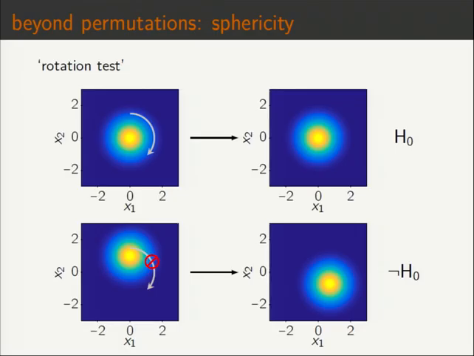If the distribution is spherical but around a non-zero mean value, you apply the rotation, you get a different joint distribution. So in this case, not exchangeability, but transformation invariance. So you can use rotations in order to test the null hypothesis of spherical distribution around a mean value of 0.